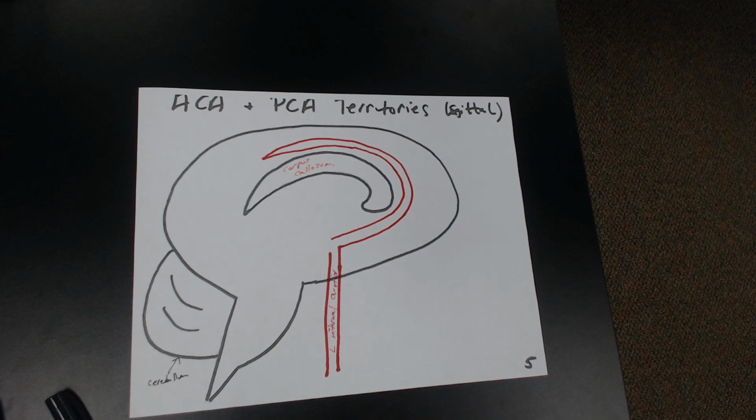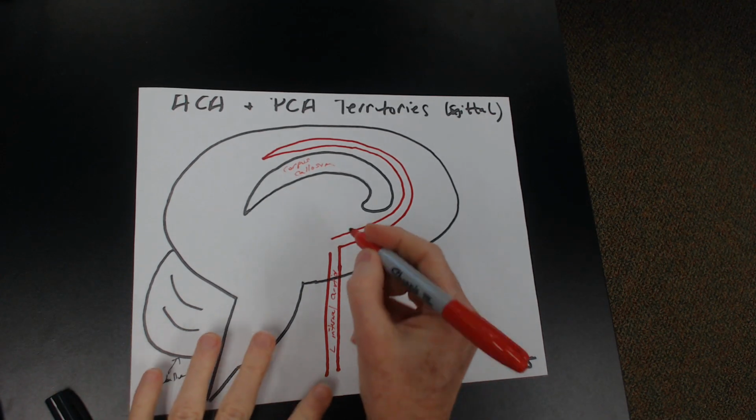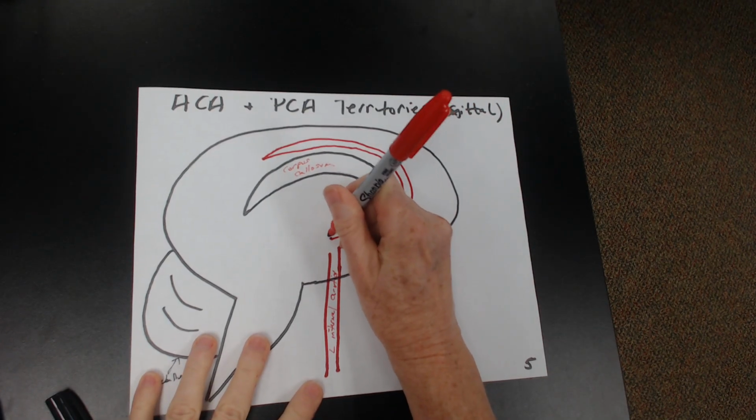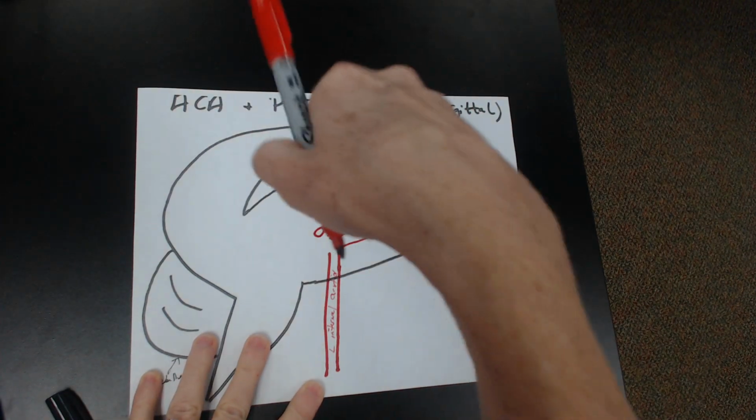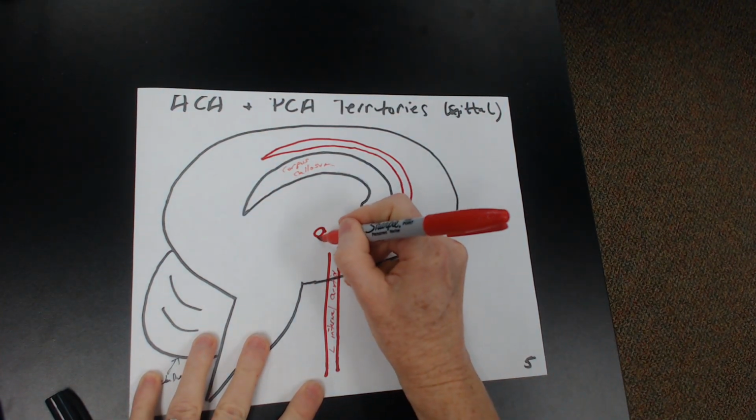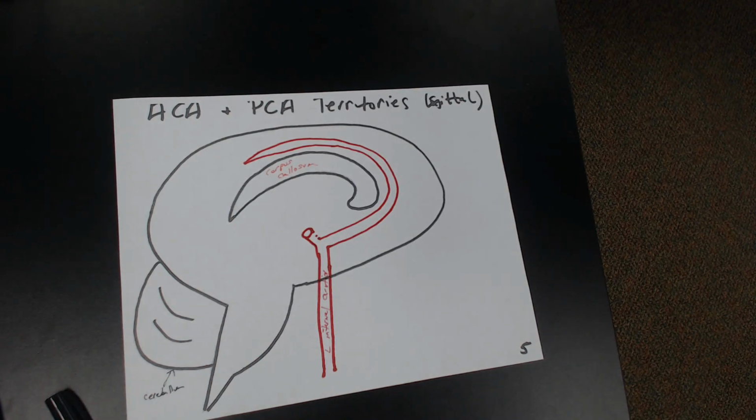Now, what is that other major shoot? This second major shoot is going to come off at about this level of the eye as well. But that shoot is going to go, I'm going to try and represent it going back here. It's going to come out on the lateral surface of the brain. Does anybody remember the name of that shoot? MCA.